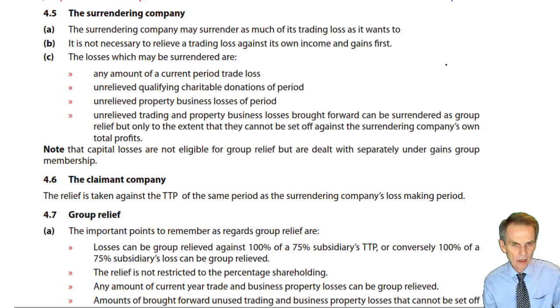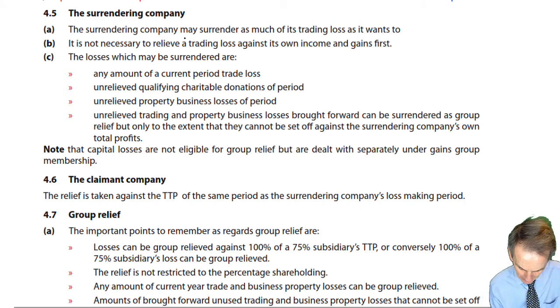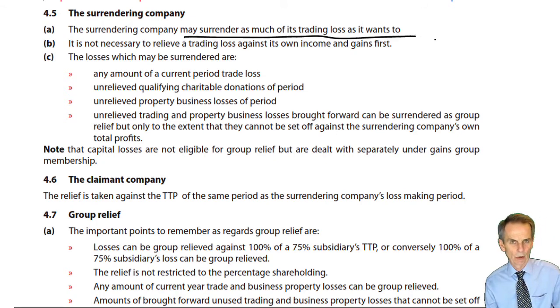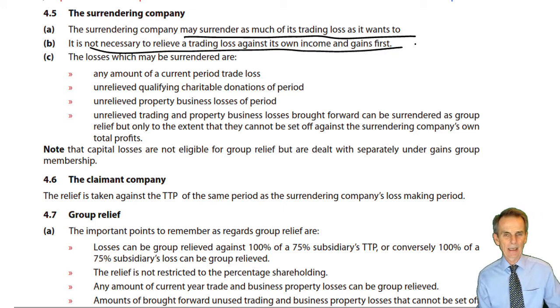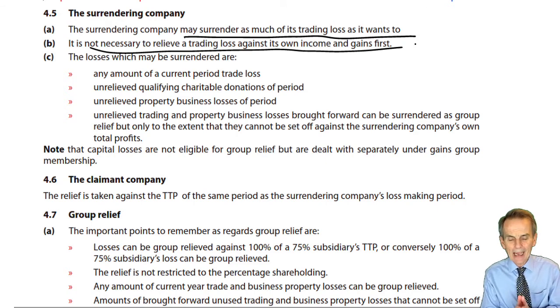So the surrendering company, the loss maker, may surrender as much of its trading loss as it wants to. Remember, it is not necessary to relieve a trading loss of the loss maker against its own income and gains first. Where you have this group member within the 75% group, if it makes a trading loss, then you can relieve against your own total profits.